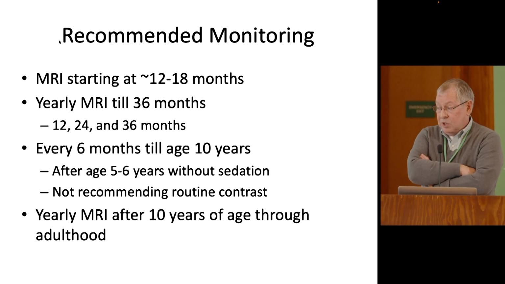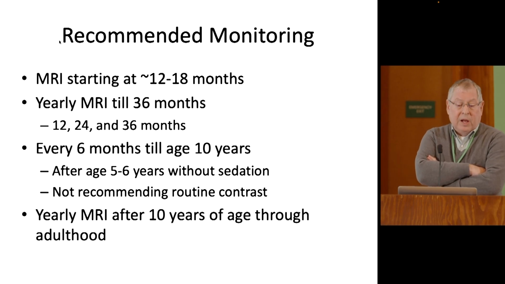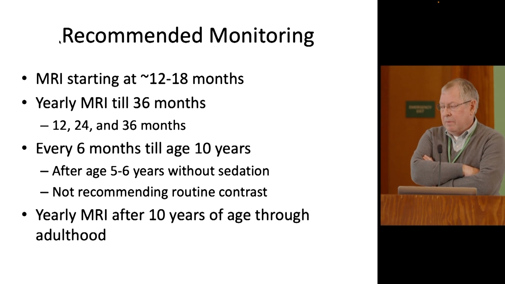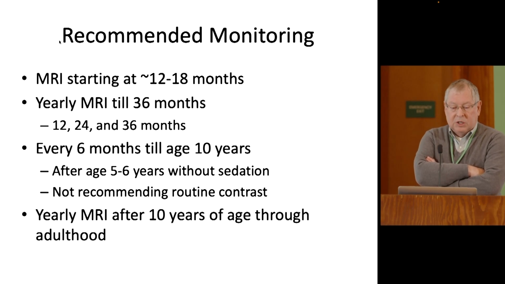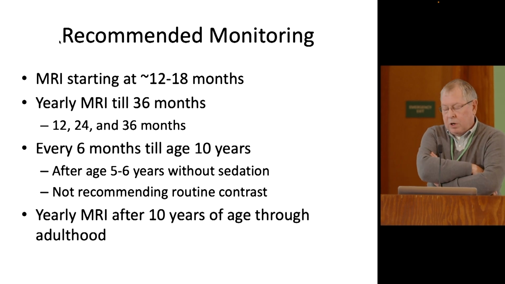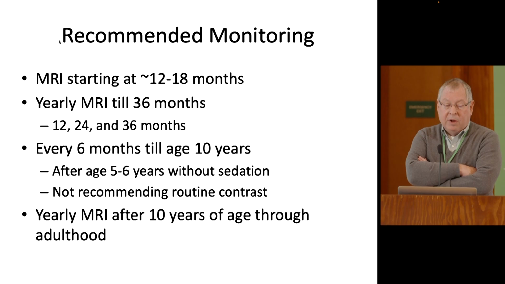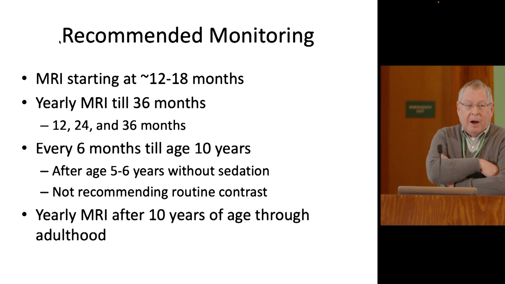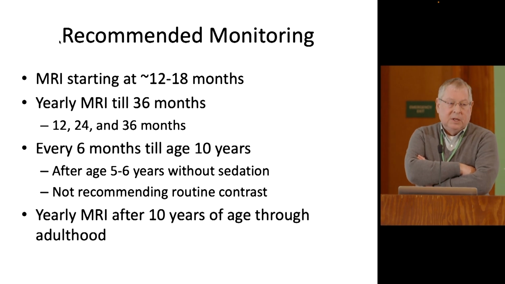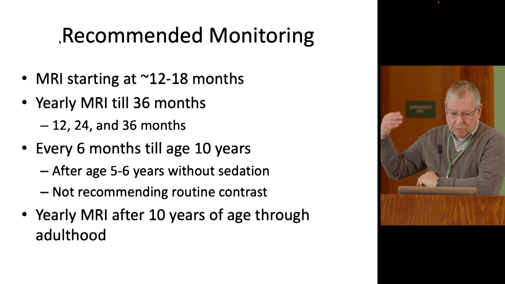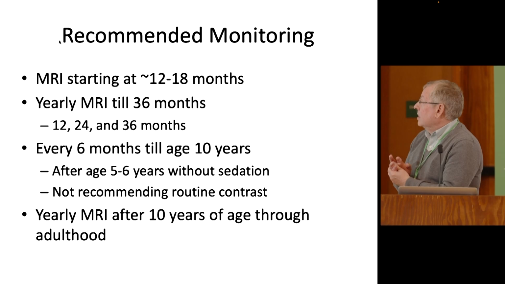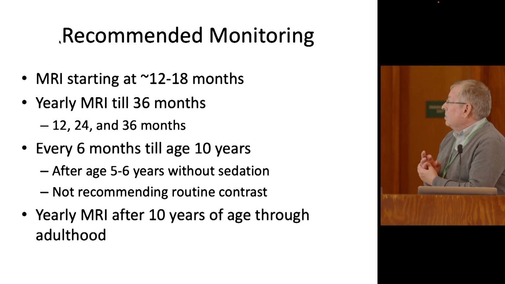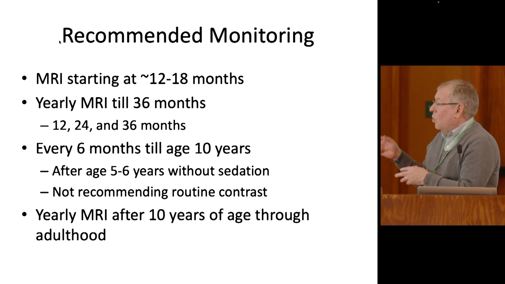That was actually an issue in New York, because I would have discussions with the New York centers, and I apparently didn't know my disease, and so they wanted to start screening earlier than that because I didn't know everything that was going to occur in ALD. So they started screening at 6 months, and that led to concerns with early myelination. We then do yearly MRIs till 36 months, and then every 6 months till age 10, 11, or 12.